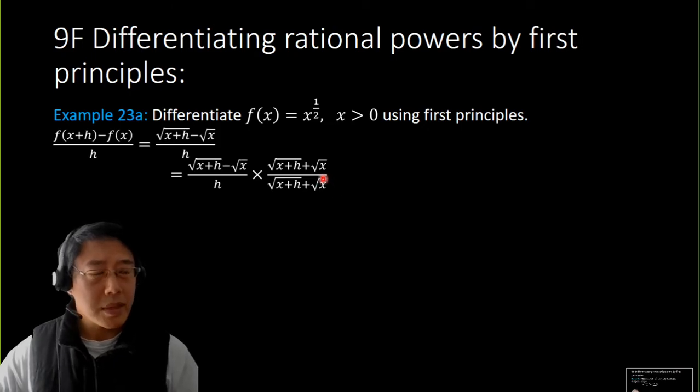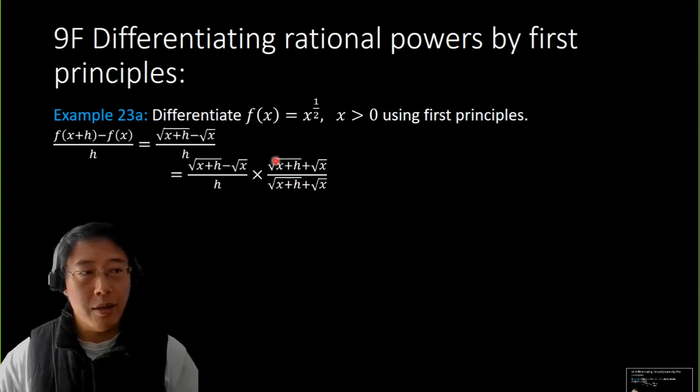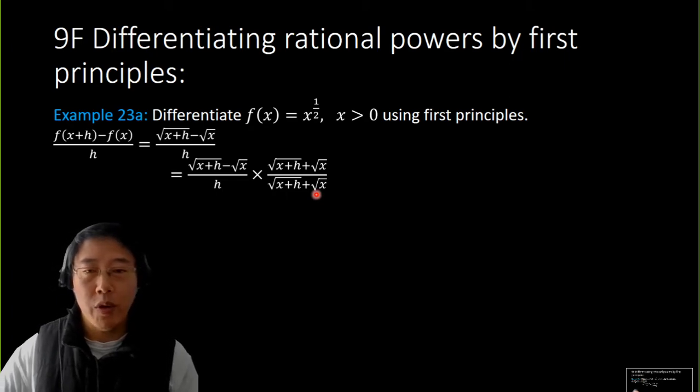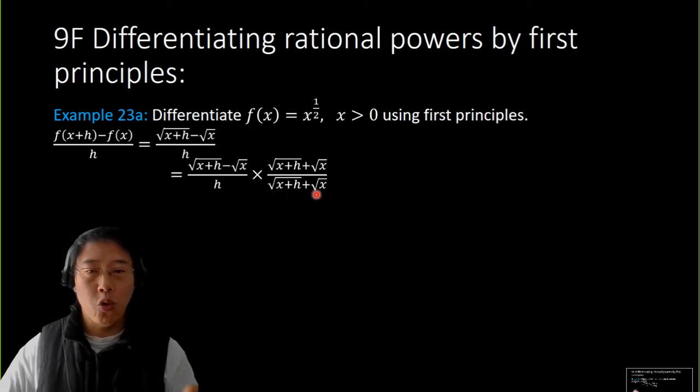Okay, so here you introduce the complementary on the numerator and the denominator. When you look at the denominator, tell me what happens when you take the limit as h converges towards 0.